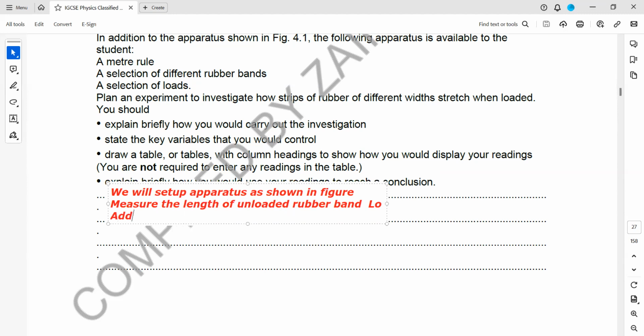Then we will add load and measure the new length. You will mention the apparatus as I mentioned, try to maximize by mentioning, like, measure the length of the unloaded rubber band, L naught, by a meter rule or a meter scale.